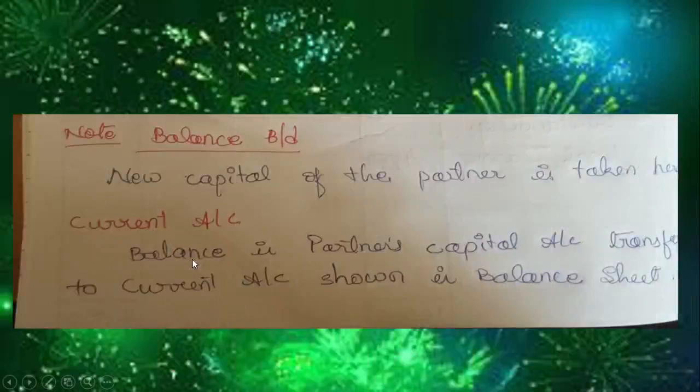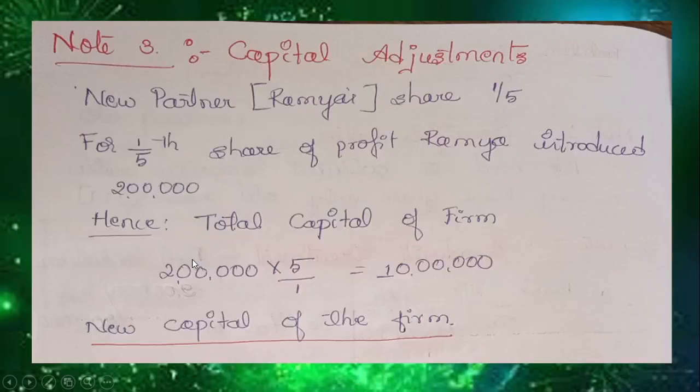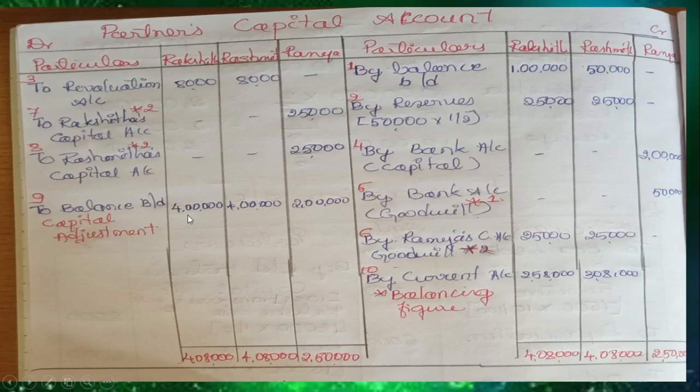After that, we need to transfer the entries of the partners' capital account. The partners' capital account balances are 4 lakh, 4 lakh and 2 lakh rupees. We need to transfer this to the liabilities side as partners' capital. Along with that, we need to transfer the current account balance.